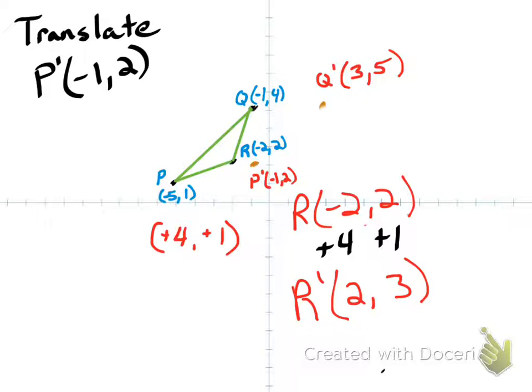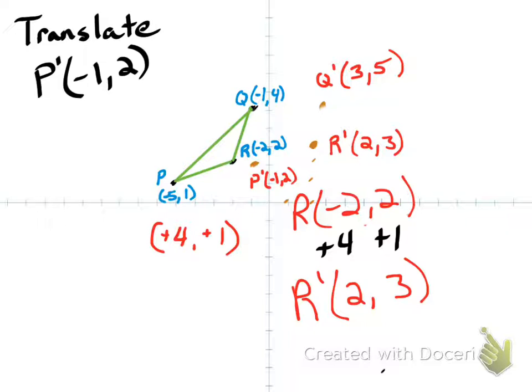Let me graph that. 2 would be 1, 2, and up 3. Right there. So now I'm going to put the point down. So R prime is 2, comma 3.